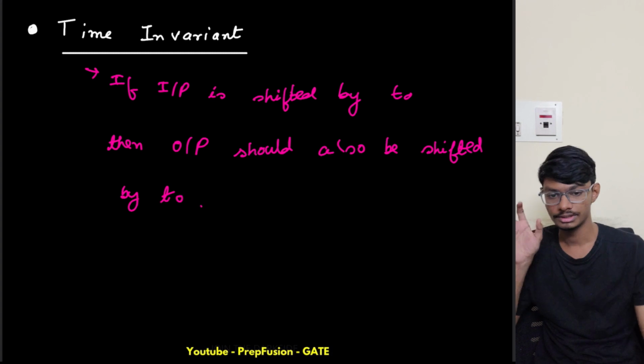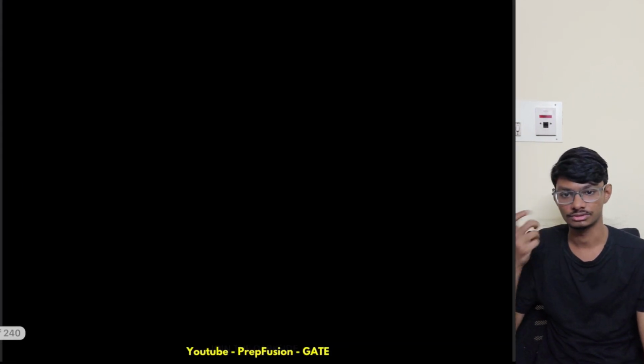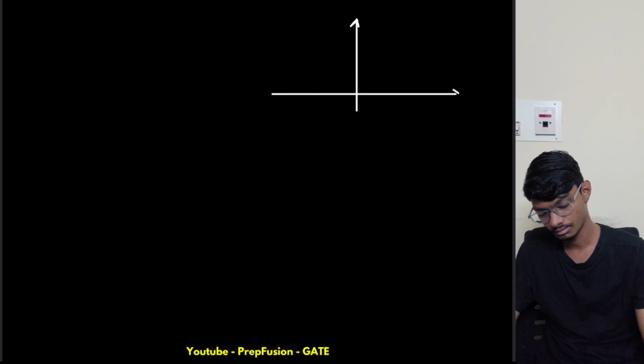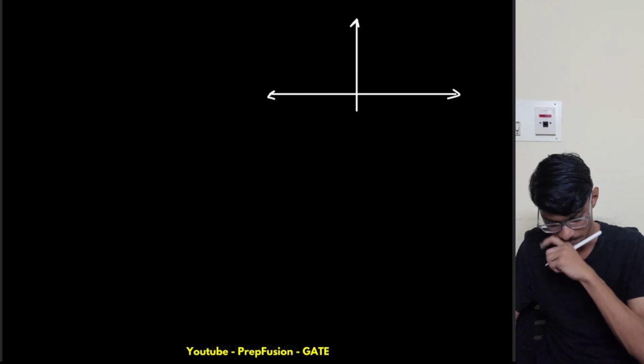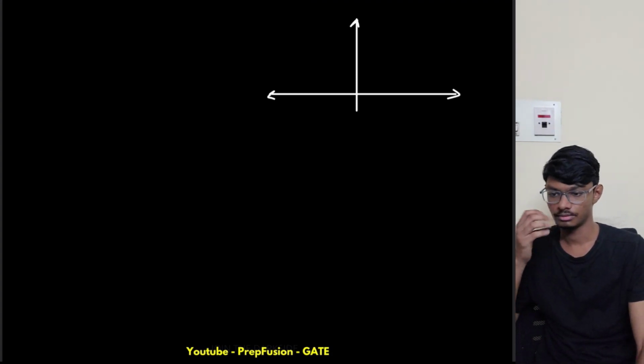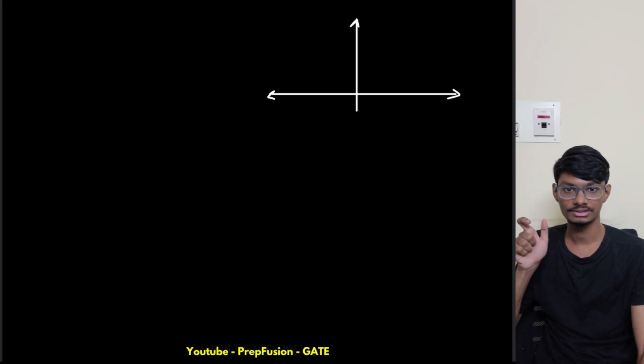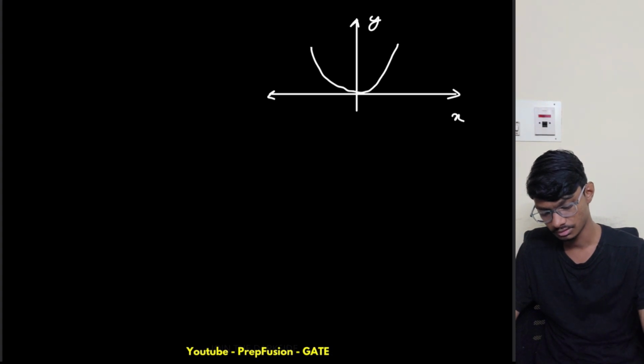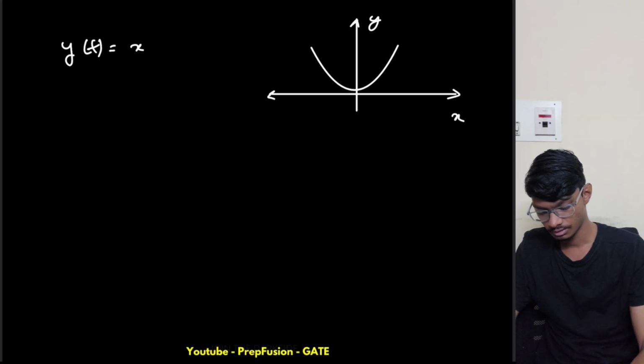Let's say for this example I have one parabolic signal, where y and x are dependent like this only. So y of t equals x square of t.